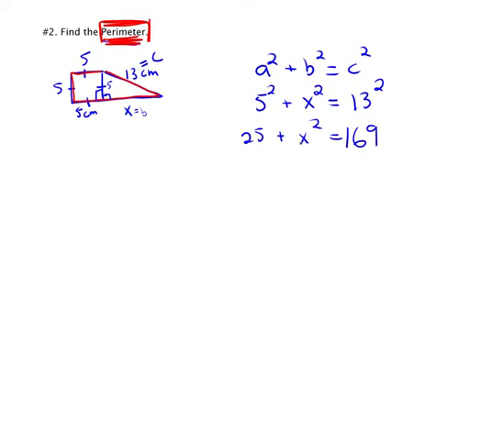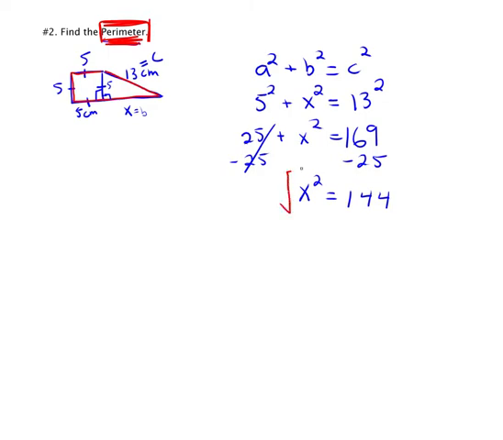And then to get x by itself, I'll continue on solving. Those zero out and bring down my x squared equals 144. So I remember that number.